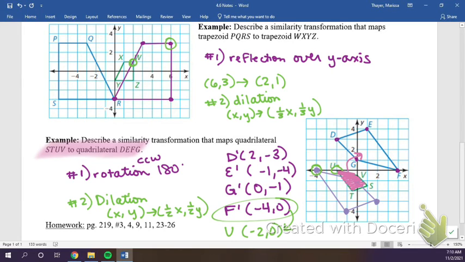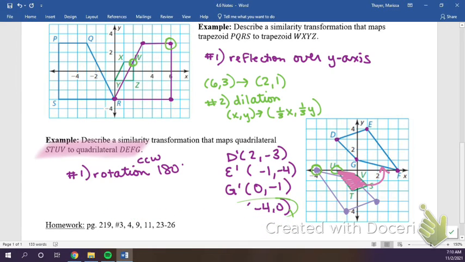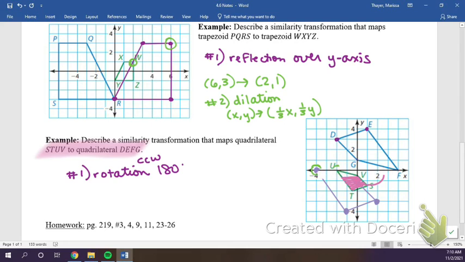We will still have a rotation of 180 degrees because even though we're starting with the other one, it's still going to rotate around the origin 180 degrees counterclockwise to get to that other shape. Okay, so let's start from scratch here. This is a little lesson for us all to read the directions.